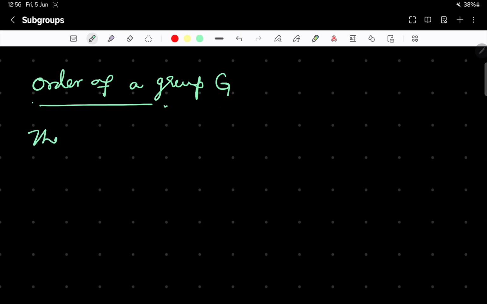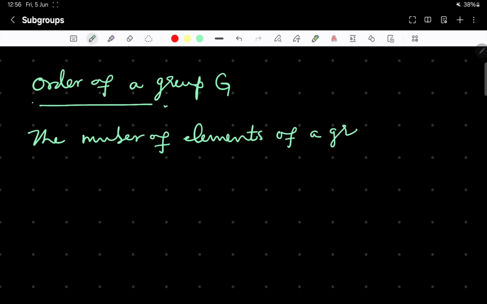So let's define: the number of elements of a group is called its order.